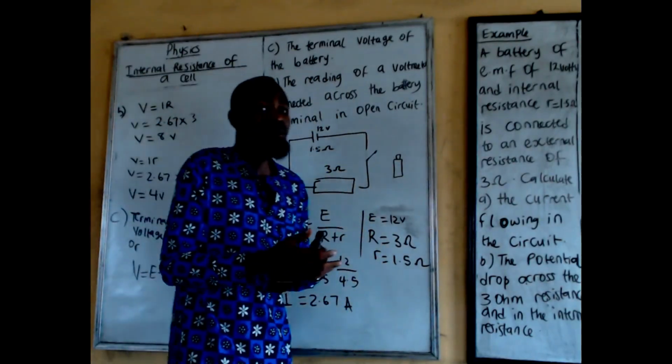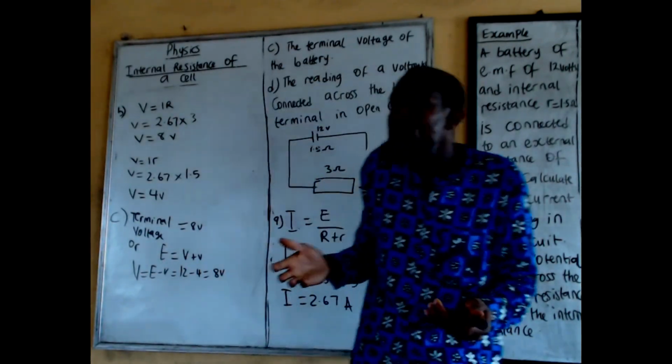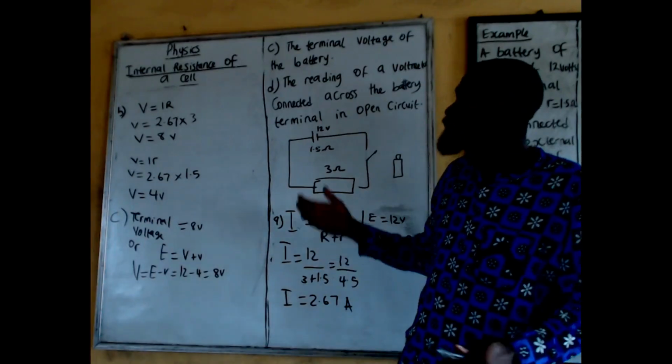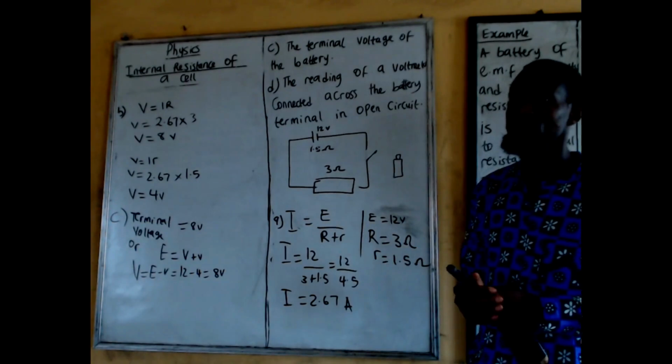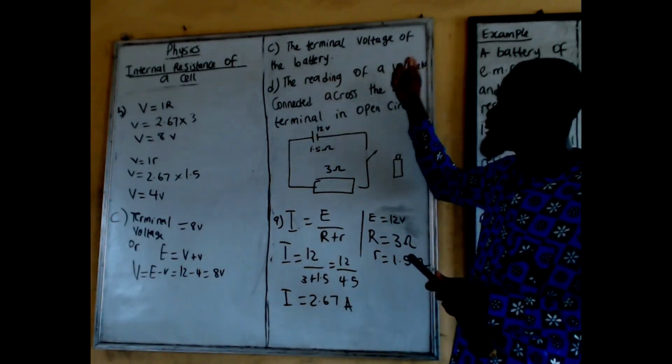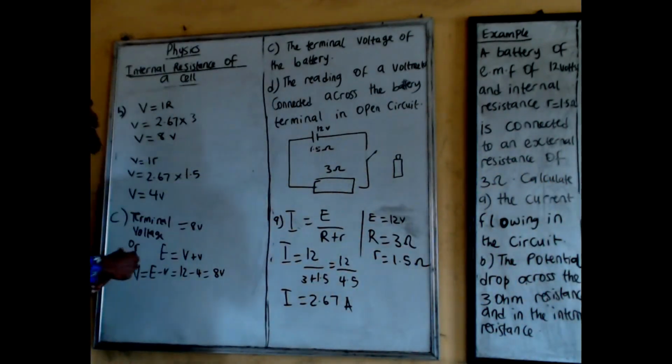So the voltmeter will just give you the EMF of the cell. You are not to be concerned about the internal resistance because the cell is connected in an open circuit.